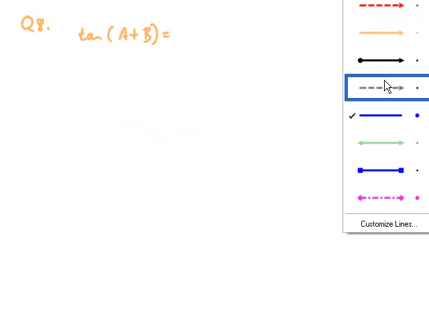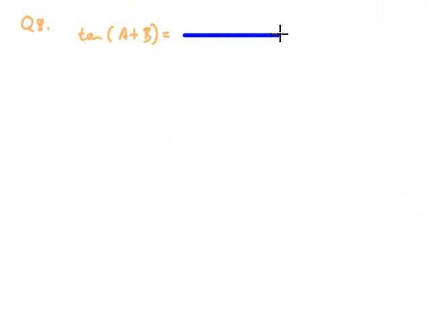So question 8, where I'm going to start out with tangent a plus b equals fraction bar, and then I have tangent a plus tangent b divided by 1 minus, look carefully at the identity, tangent a times tangent b.